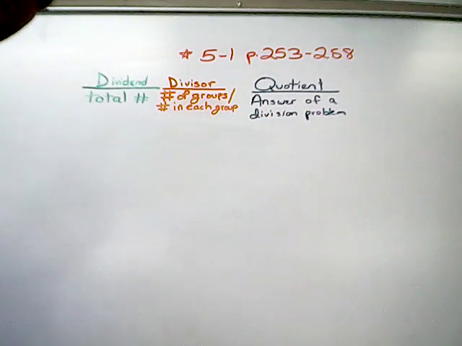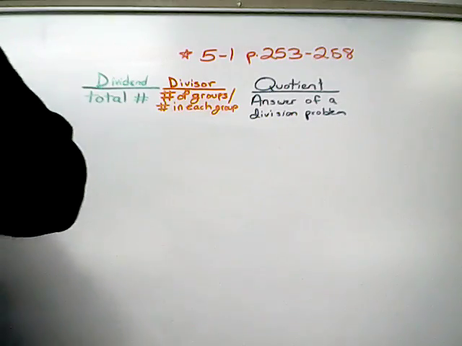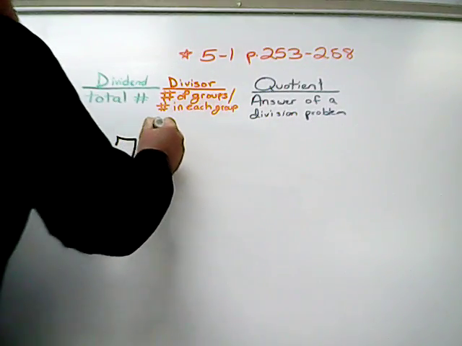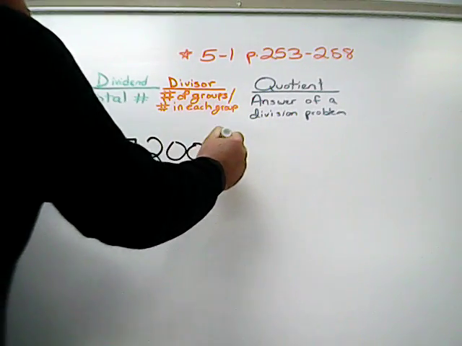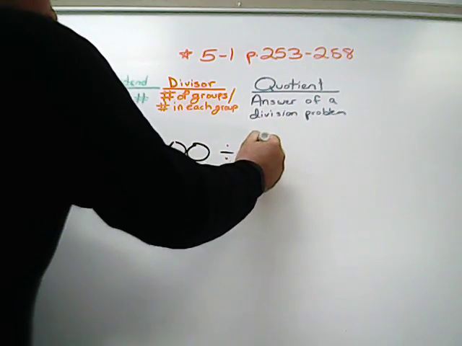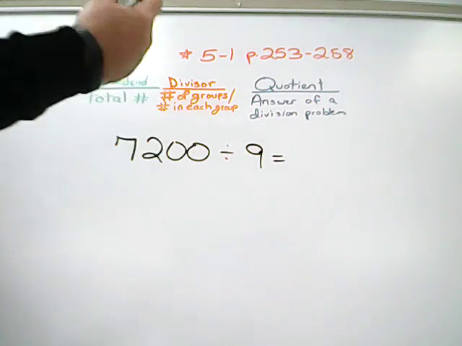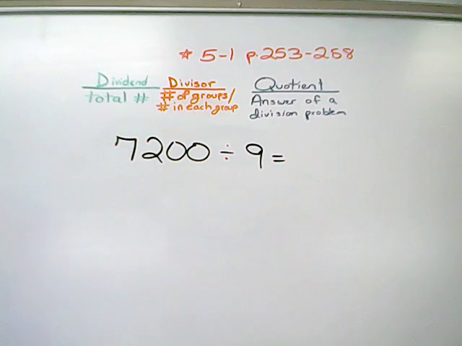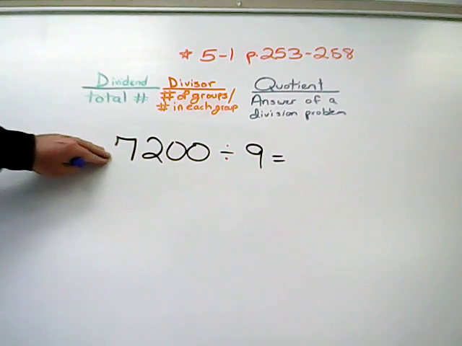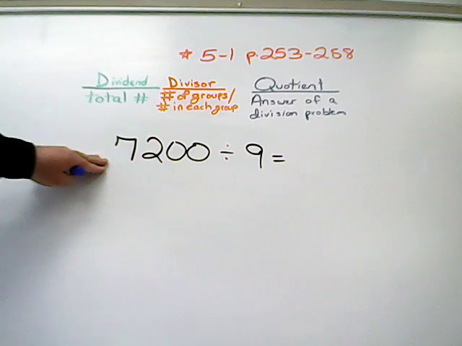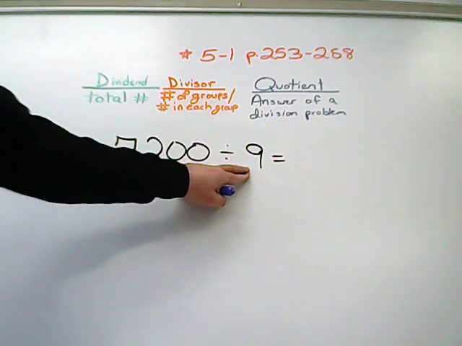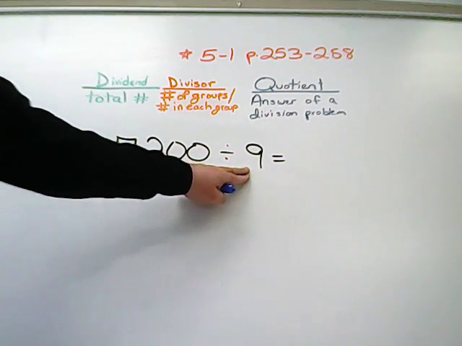The next problem I'll do, 7,200 divided by 9 equals what quotient? So again, what we're going to do here, my dividend, my total number of items being divided is 7,200 items. I'm going to say, for this problem, I have 9 items in each group.